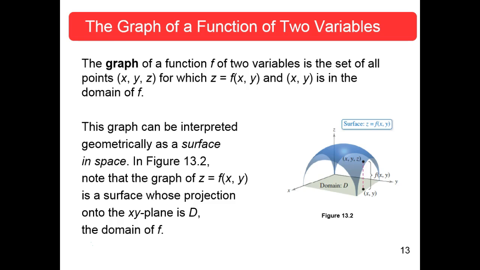For any value inside of this, not out here or anywhere else, there is one and only one value for z. Not beyond the dome or inside the dome, it's just the surface, because there is one and only one value for z for any xy value in the domain.